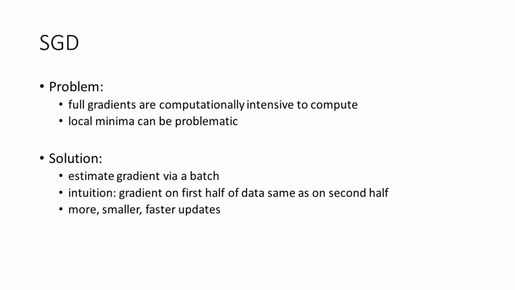So we're going to sample from our data and do the exact same thing: take the gradient of the loss on a portion of our data with respect to our network weights, and hope that that sample gradient is going to be a good approximation of the true gradient. So that allows for smaller, faster updates.